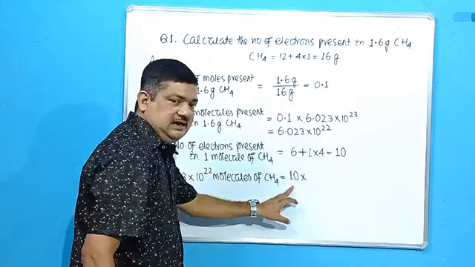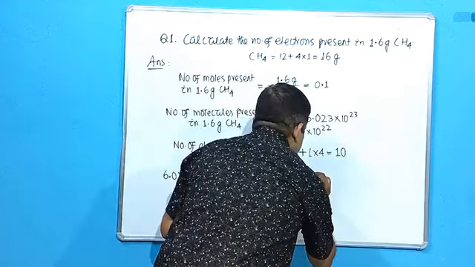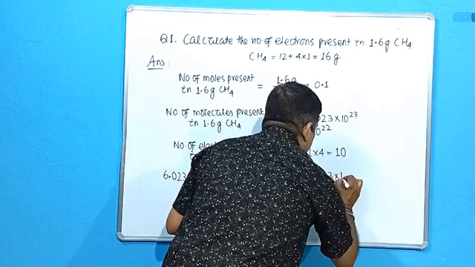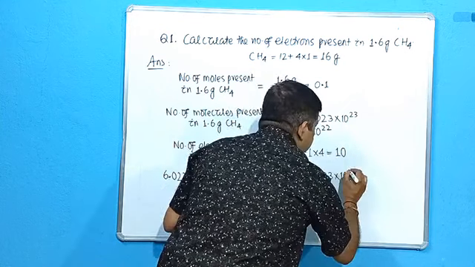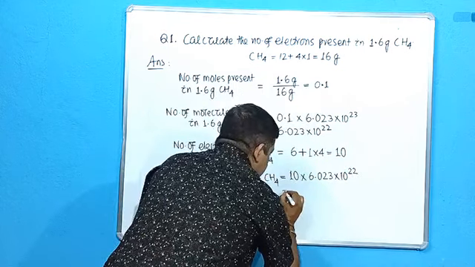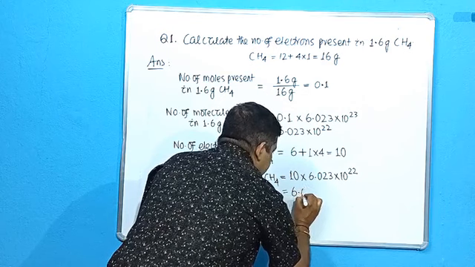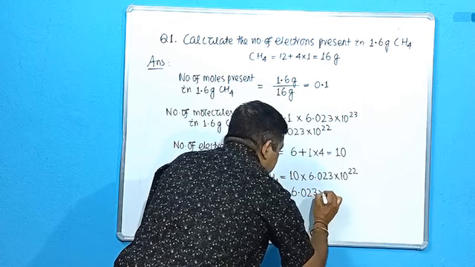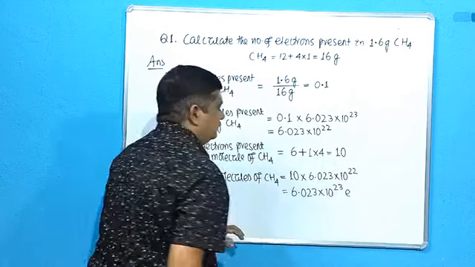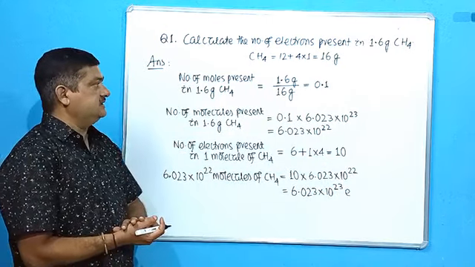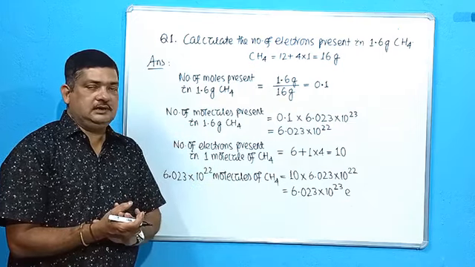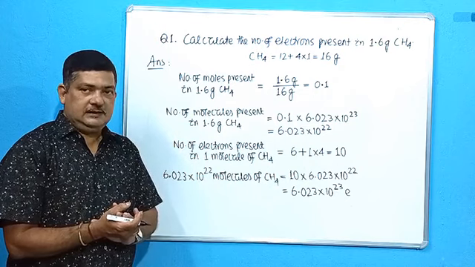Each molecule contains 10 electrons, so 10 into number of molecules, 6.023 into 10 to the power 22. Now the power increases, it will be 6.023 into 10 to the power 23 electrons. So number of electrons present in 1.6 gram of methane will be 6.023 into 10 to the power 23. Okay, most of you have solved it correctly.